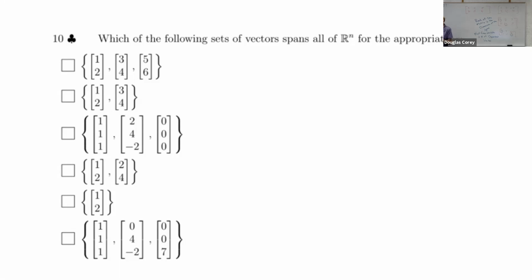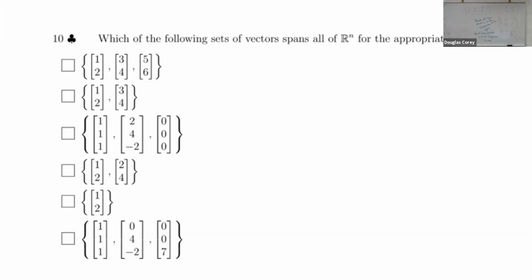All of R2. How do you know? Okay, you only need 2 to span R2. You only need 2 independent vectors.